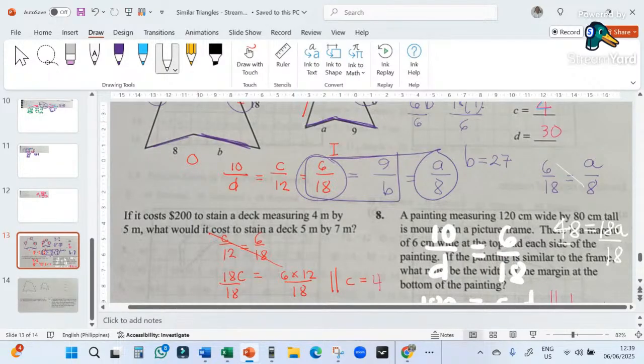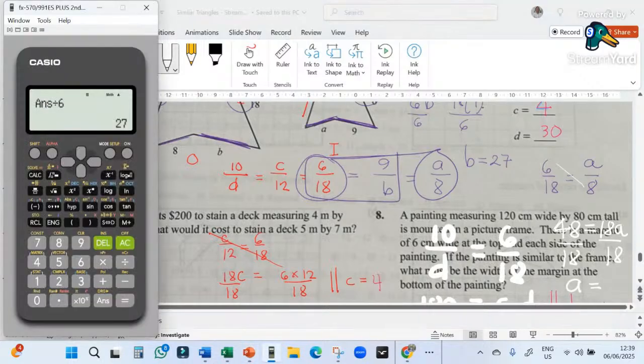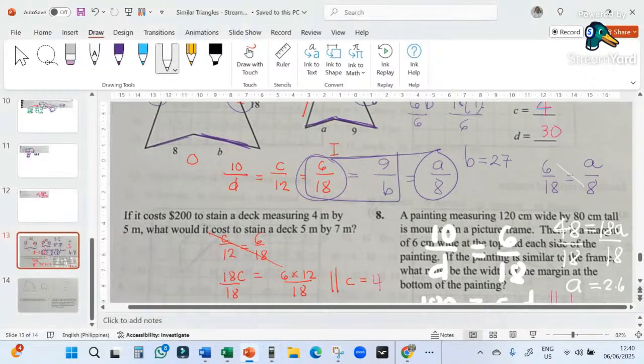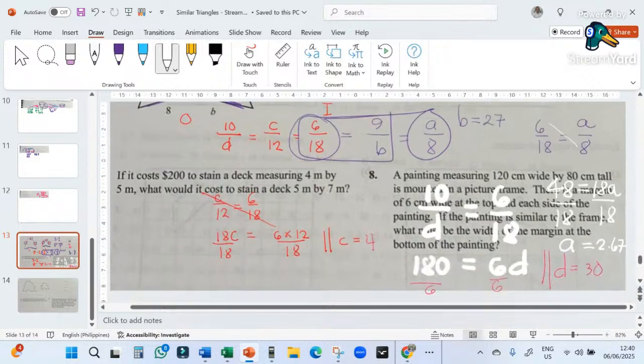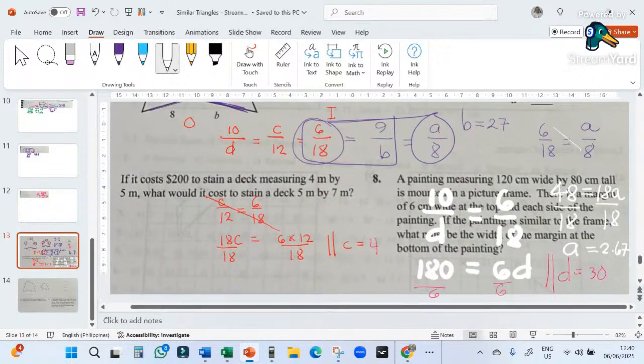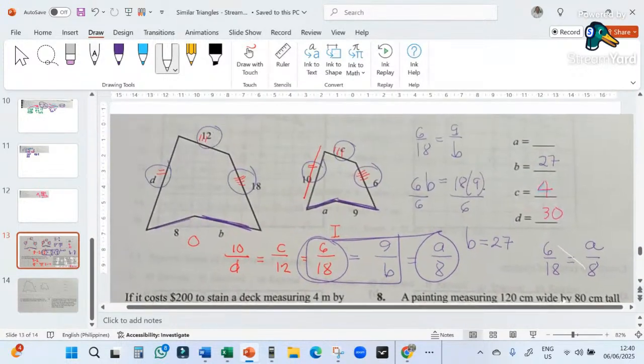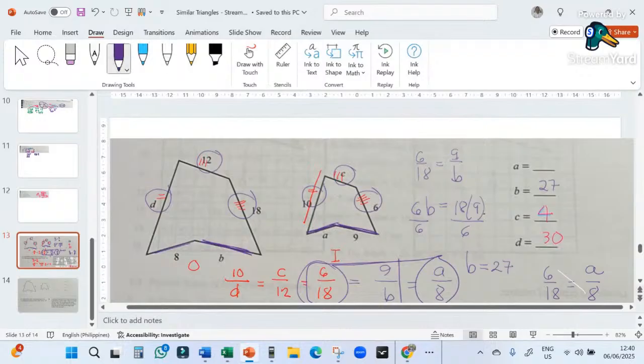Divide both by 18. So you have A equals, calculator, 48 divided by 18 equals 8 over 3, or that is 2.67, or approximately A is equal to 2.7. Right. We're going to write it here, 2.7. So these are all the answers.